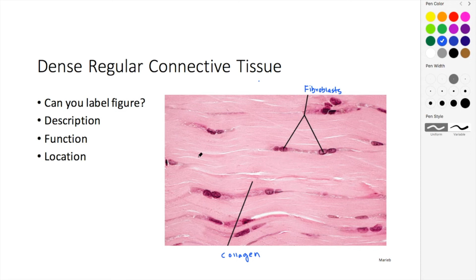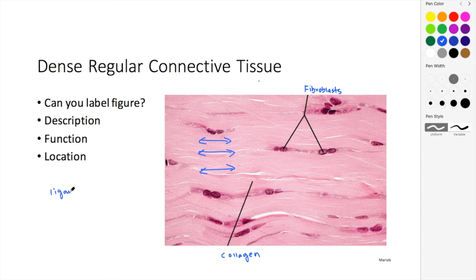Another thing you need to understand is these fibers are running parallelly. There is no zigzag pattern here. Basically the dense regular connective tissue comprises structures like, as you know, ligaments.